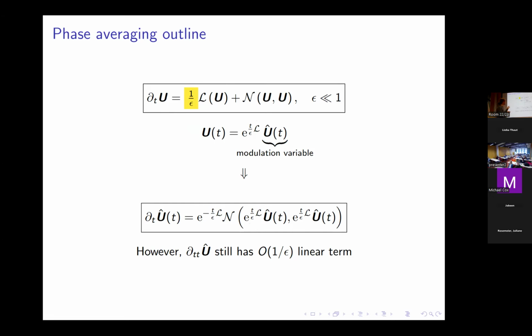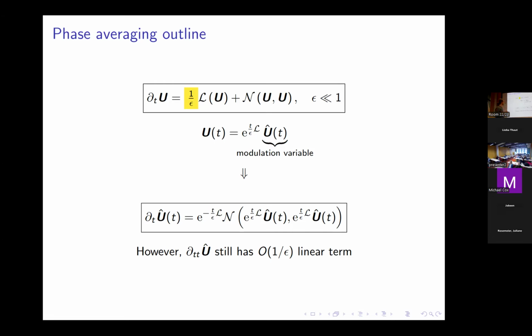The time evolution of the modulation variable is equal to this nonlinear part sandwiched between these oscillatory phases. For this time dependence, we no longer have an order 1 over epsilon term in our evolution equation, which suggests a reduction in oscillatory stiffness.